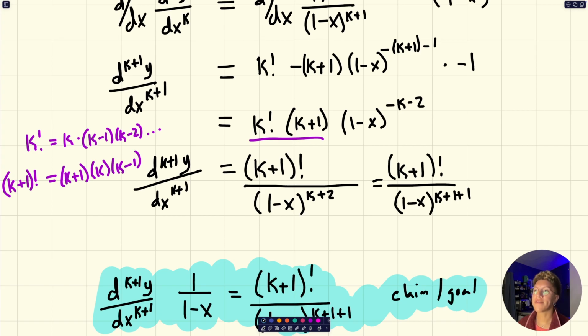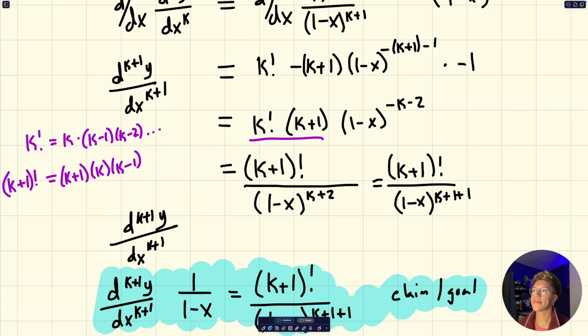And so we can say that the k plus 1th derivative of, well, we've run out of space. Let's move this all down a little bit. Of 1 over 1 minus x is equal to k plus 1 factorial over 1 minus x to the k plus 1.